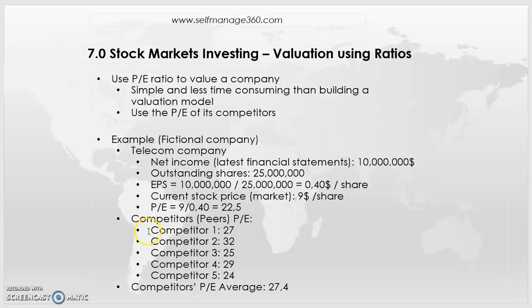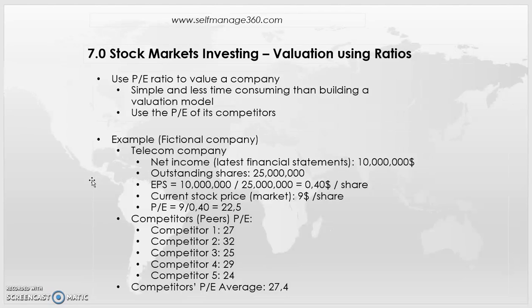So again, you would have to choose ideally 5, but sometimes you may only find 4 competitors, maybe 3 sometimes, but 4 to 5 would give you a good estimate.